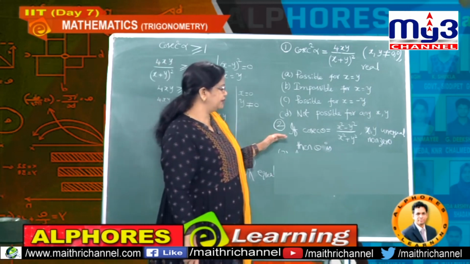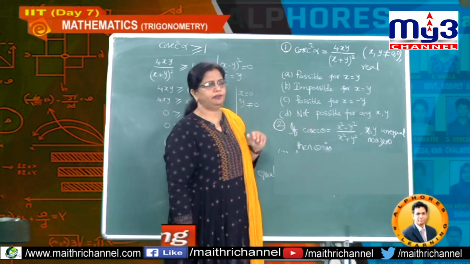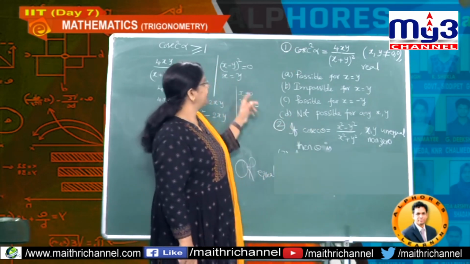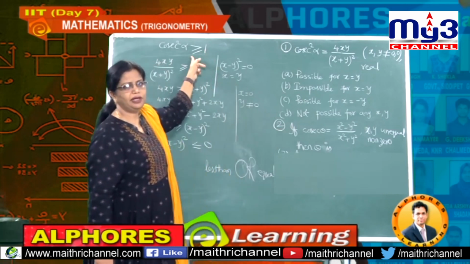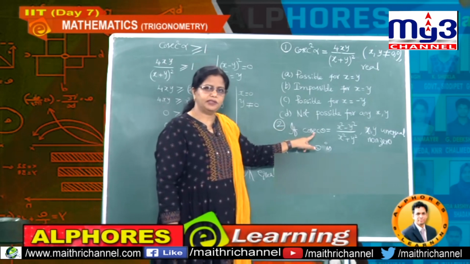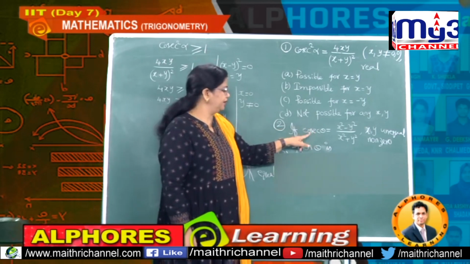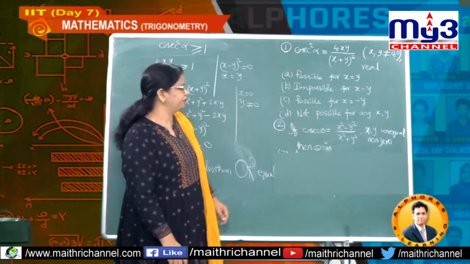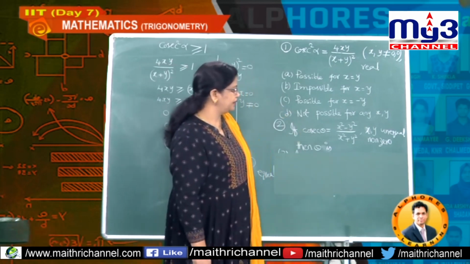So this kind of analysis is every time very important. Here the square value they have asked, that's why we started directly with cosecant square alpha greater than or equal to 1. Here it is not square, it is just asked as cosec, that means it will be less than minus 1 or greater than plus 1. And next, what is the other condition given?